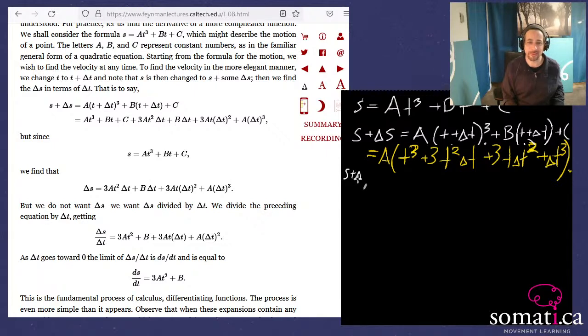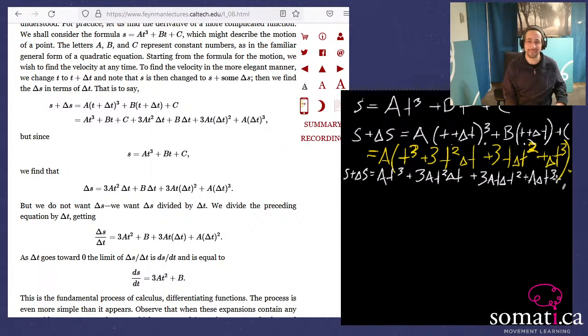S plus delta S. So that's A T cubed plus 3 A T squared delta T plus 3 A T delta T squared plus A delta T cubed plus dot dot dot.